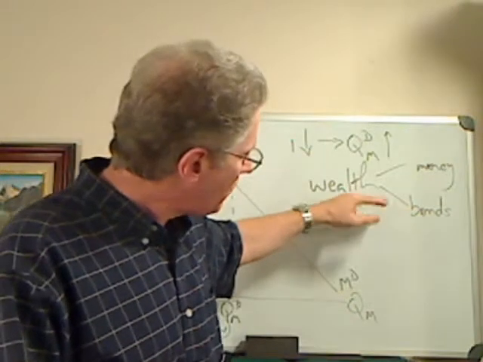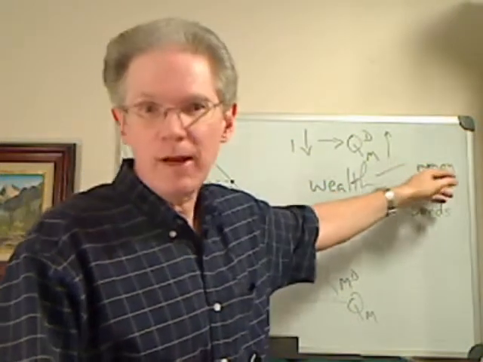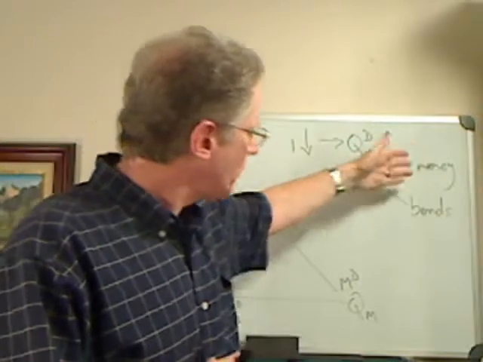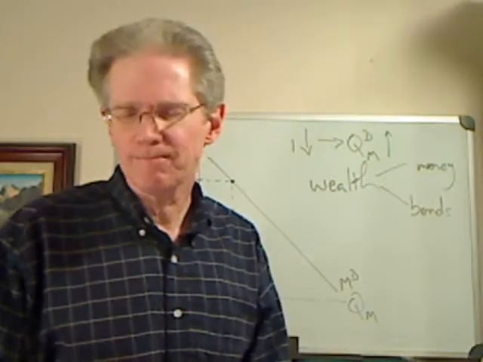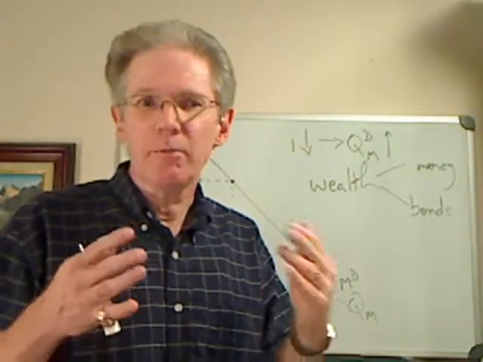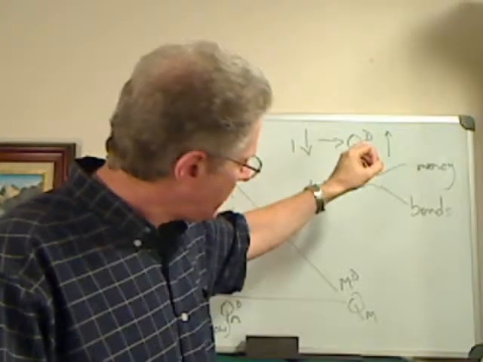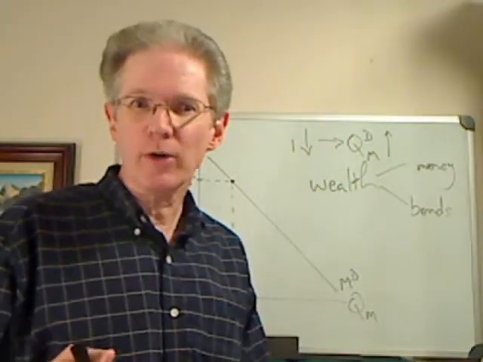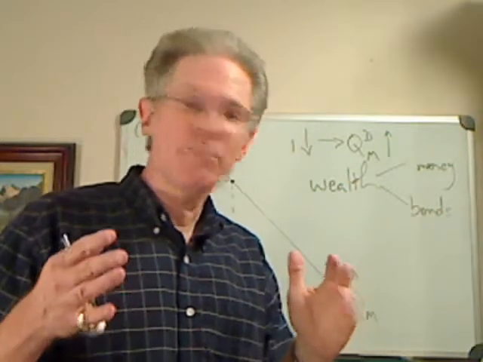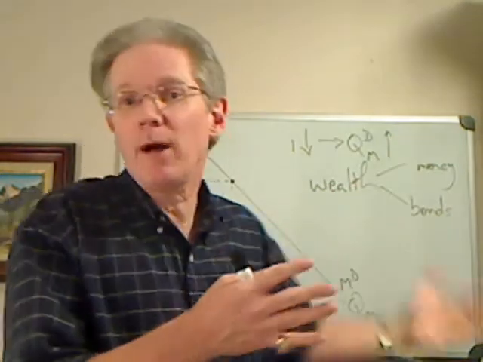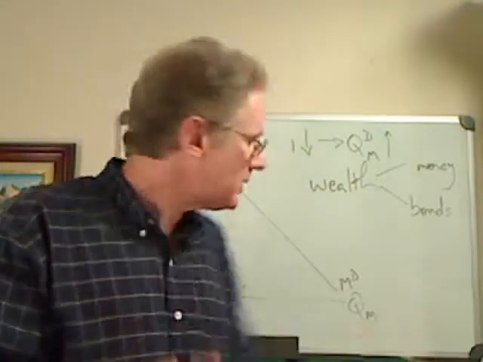I'd rather hold most of my wealth in the form of money, because even though money doesn't provide me with an interest rate, it provides me with liquidity. Money is the medium of exchange. So if I'm holding my wealth in the form of money, then whatever I want to buy, I'm already ready to do it.